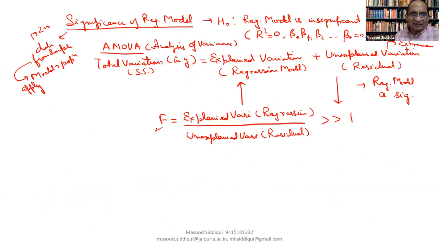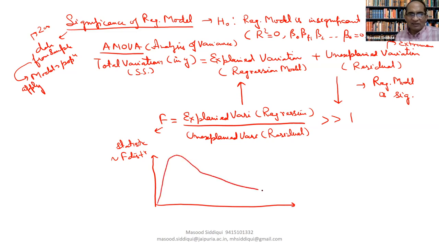And since this f is the test statistic, it will follow the f distribution, or the variance ratio distribution, as I have discussed in parametric testing when considering ANOVA. So this is the sampling distribution, or probability distribution, of the f statistic. Here we have probability of f, and here we have the f value.